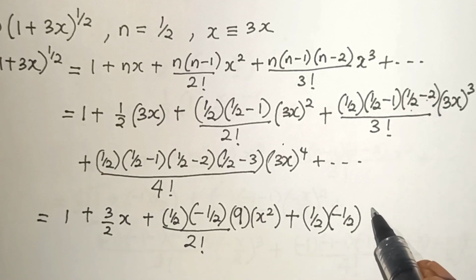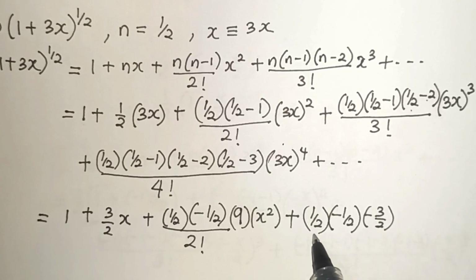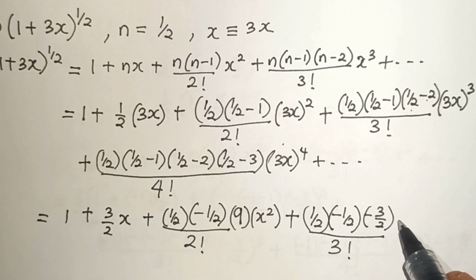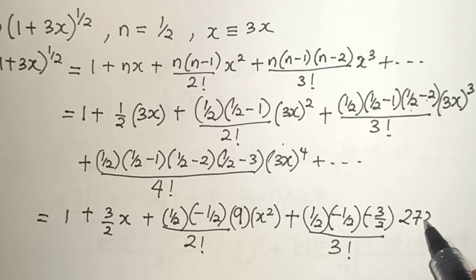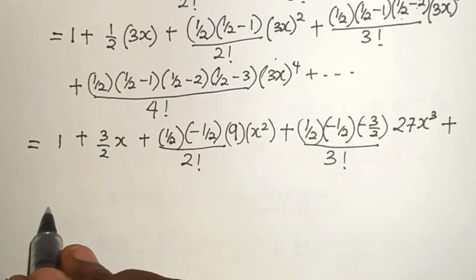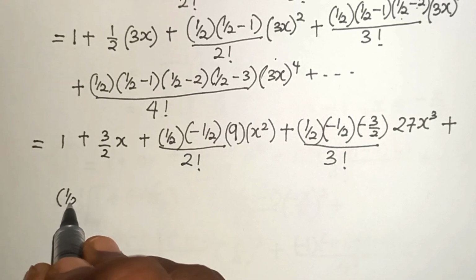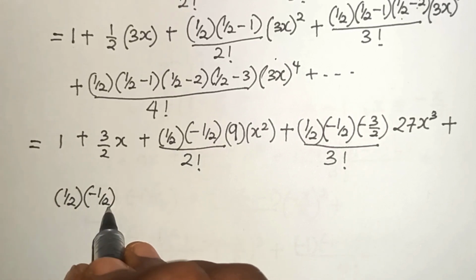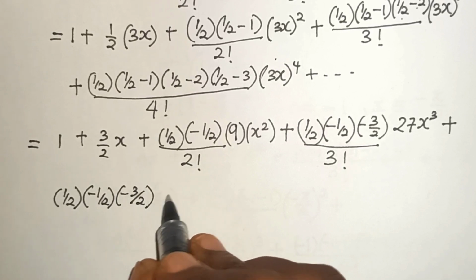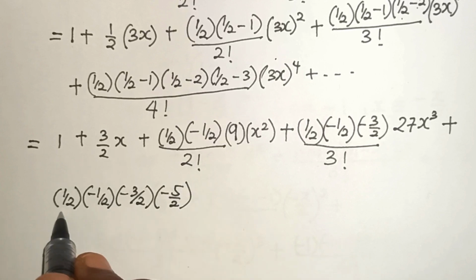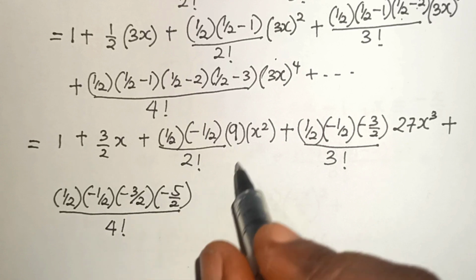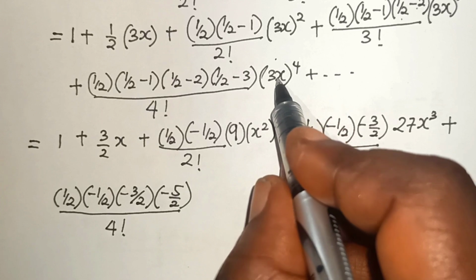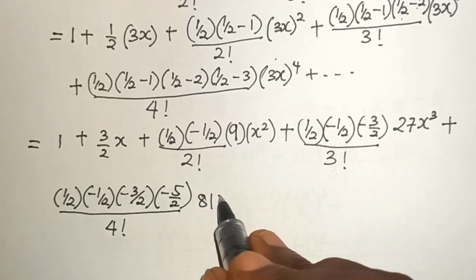Half minus 2 is minus 3 over 2 divided by 3 factorial multiplied by 3x to the power 3 is 27x cubed, plus the last term is we have half into minus half, minus 3 over 2, minus 5 over 2 all divided by 4 factorial multiplied by 3x to the power 4 gives us 81x to the power 4.